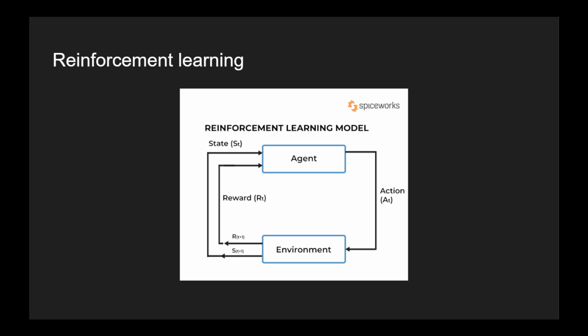Over time, by exploring various actions and updating its policy based on the received rewards, the agent improves its strategy to achieve better long-term outcomes. This iterative process continues until the agent's behavior converges to an optimal policy.